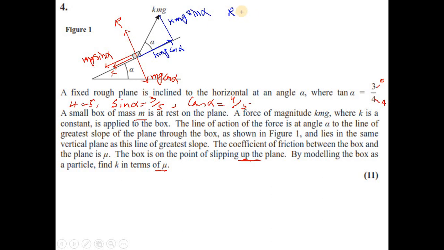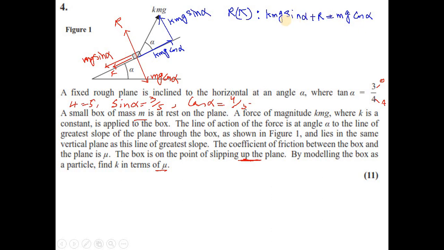Resolving forces perpendicular to the plane, let's suppose in that direction, you have three forces acting: kmg sin alpha and mg cos alpha. So kmg sin alpha is acting up the plane, so you can write kmg sin alpha plus R is equal to mg cos alpha.